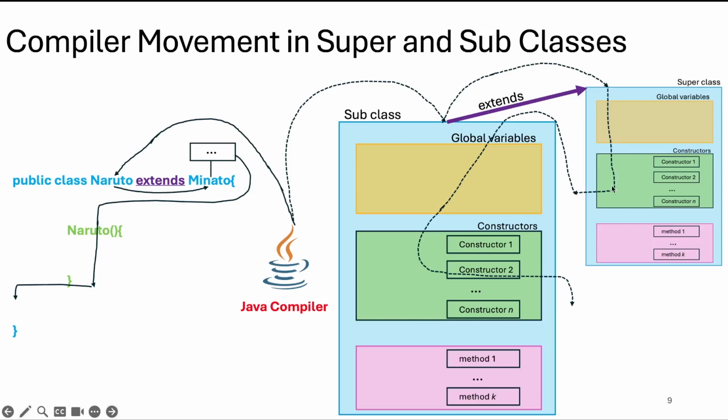You can see here, the compiler enters into the subclass, creates the global variables, then enters into the constructors, completes the steps that are mentioned in the constructor, and then it comes out.